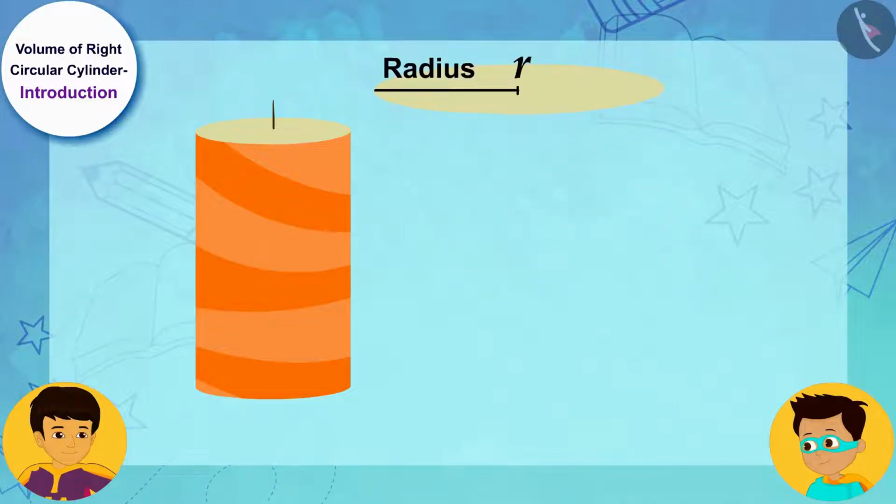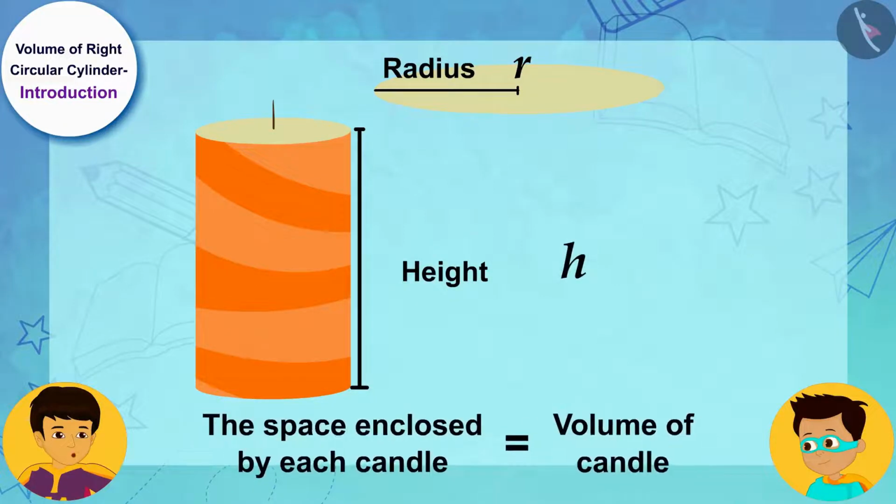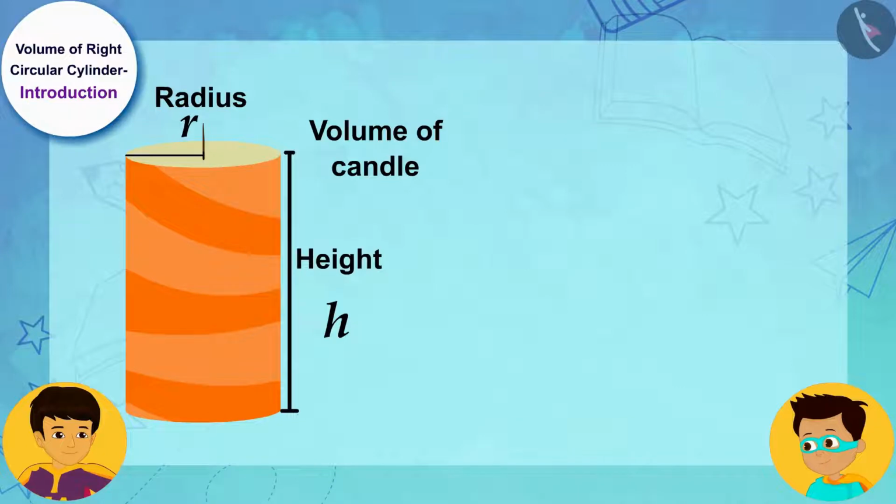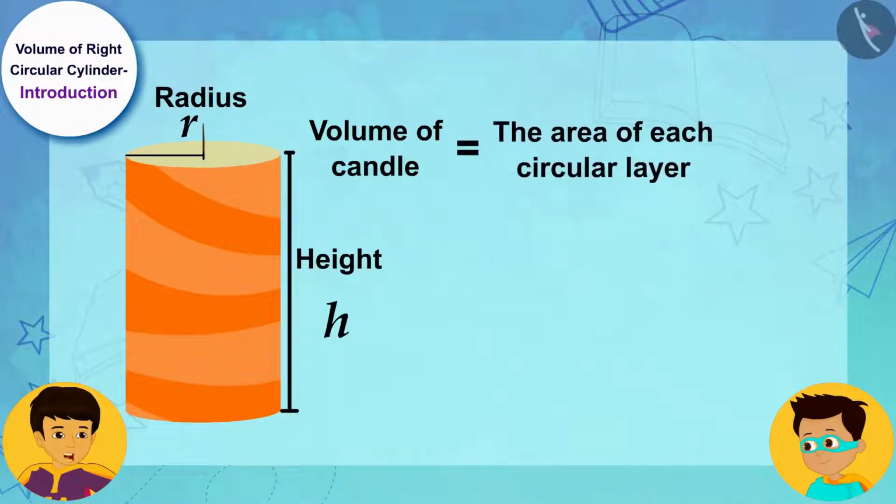Now, if the height of each candle is h, then we can say that the space enclosed by each candle, that is, its volume, will be equal to the area of each circular layer multiplied by its height.